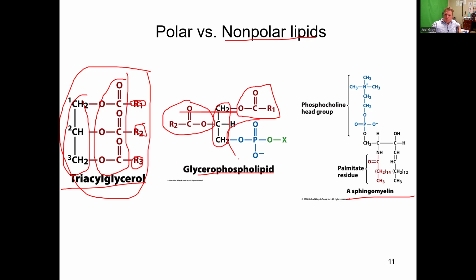And then we've got a phosphate group and an X head group. So what we have here is a molecule that is very similar to a triacylglycerol, but this whole thing right here makes this molecule polar. So this is a polar molecule compared to a non-polar molecule.